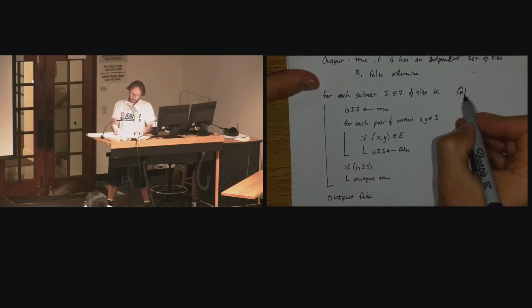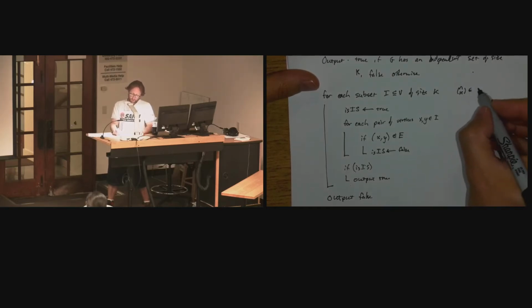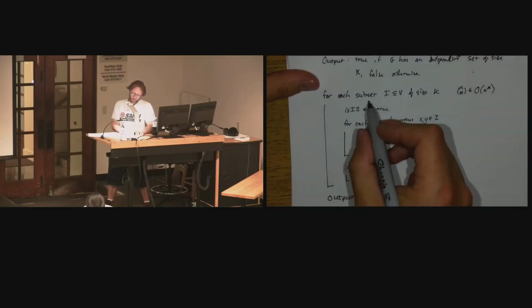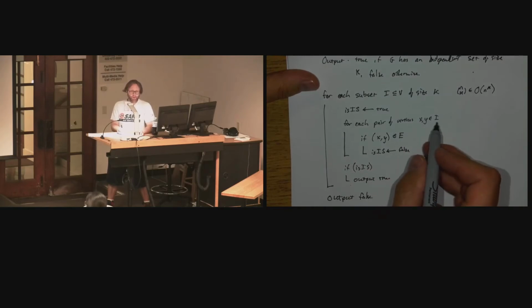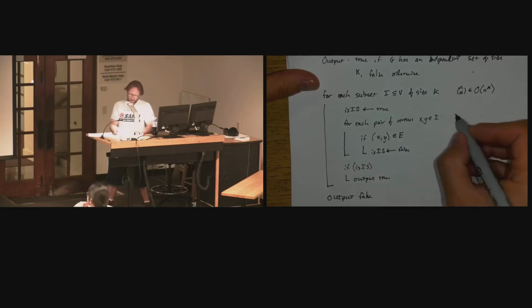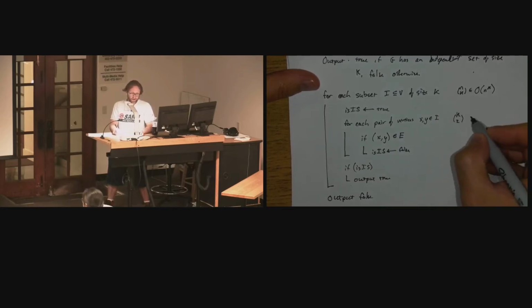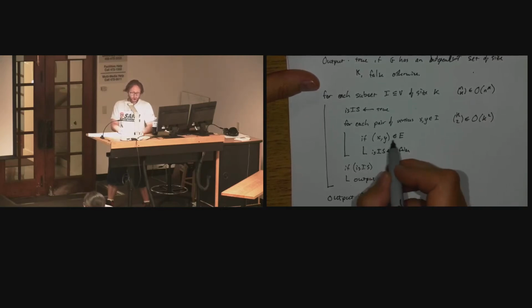Now there are n choose k, which is going to be order n to the k, subsets that you have to check. For each pair of vertices in this independent set, well, how many are there? This is an independent set of size k, so k choose 2, which is simply going to be order k squared. And you can call this your elementary operation.